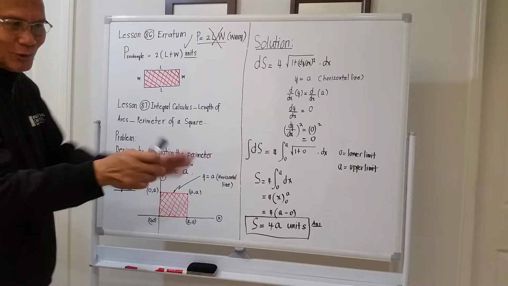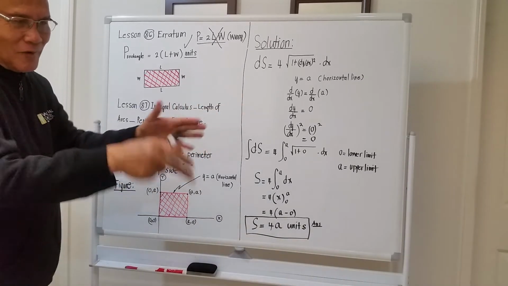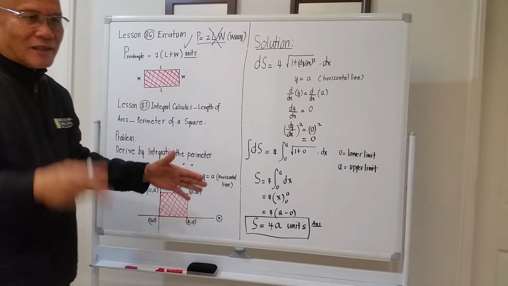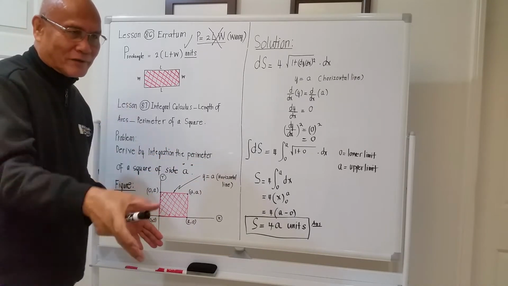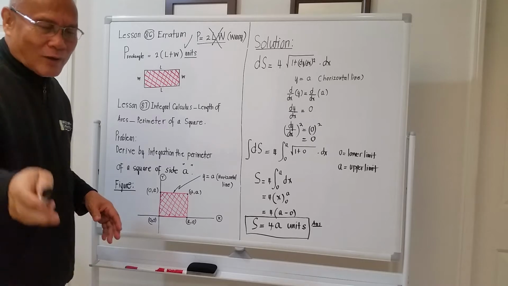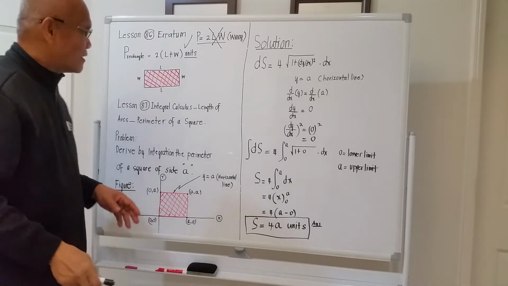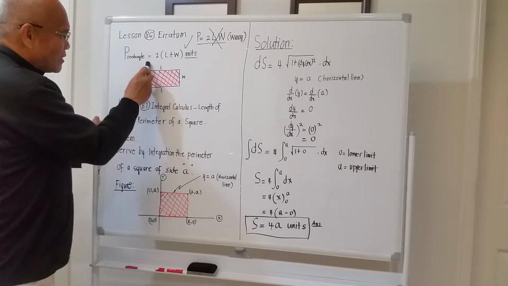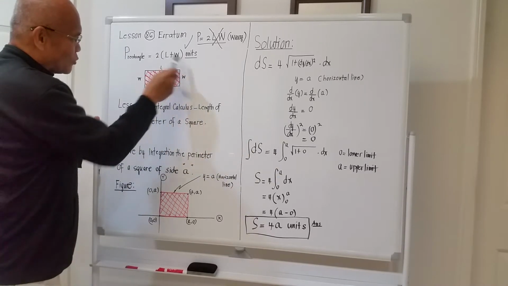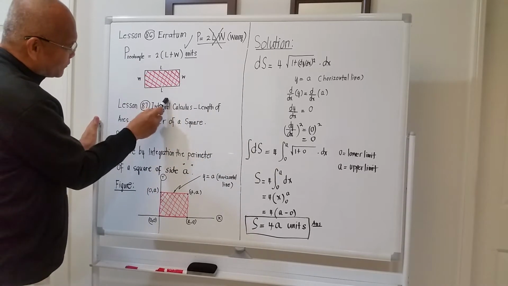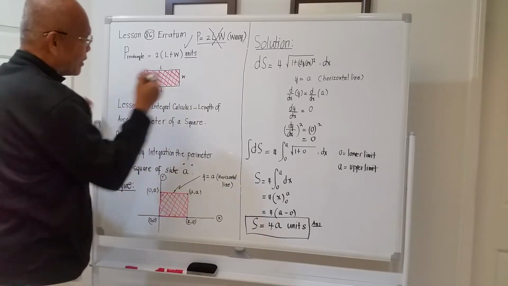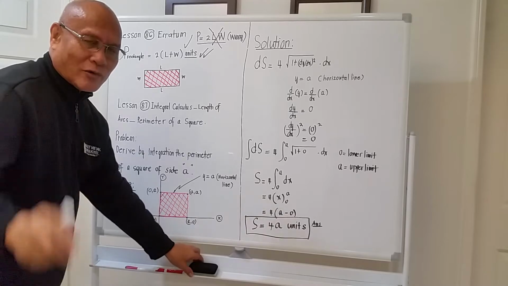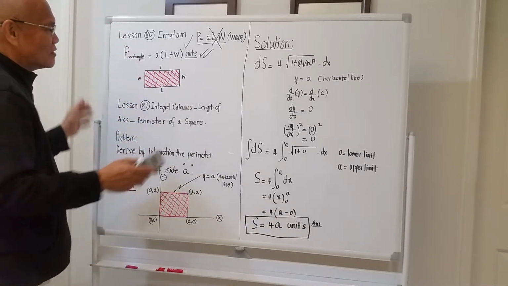If you try to follow the simplification, the mistake was on the writing of the final perimeter formula. And the correct one, this is an erratum, guys. The perimeter for a rectangle in general should be twice the quantity length plus width, twice the length plus twice the width. This is the correct one. That's the correction of lesson number 86.